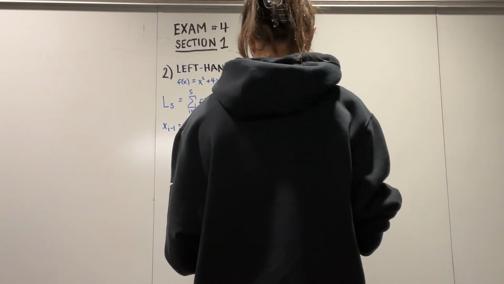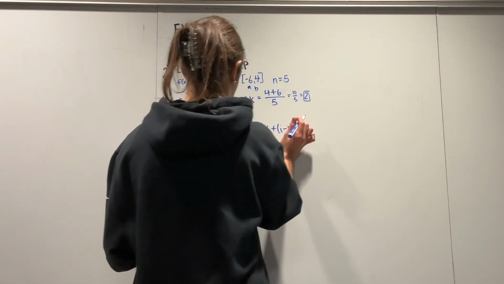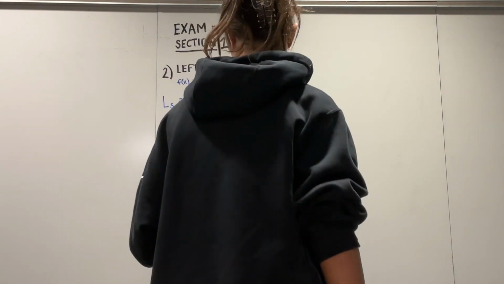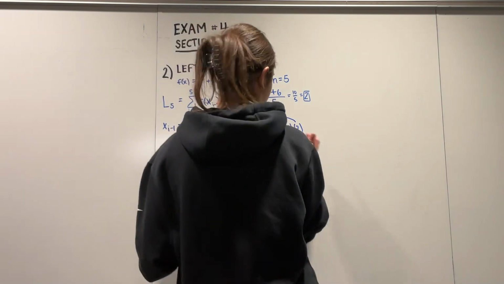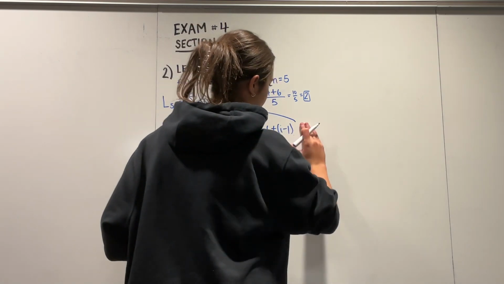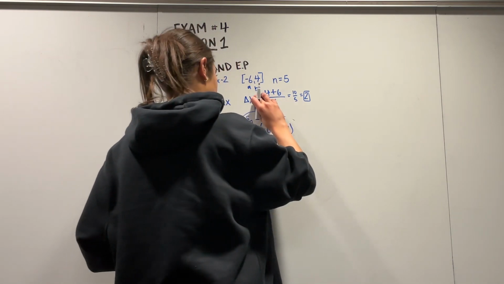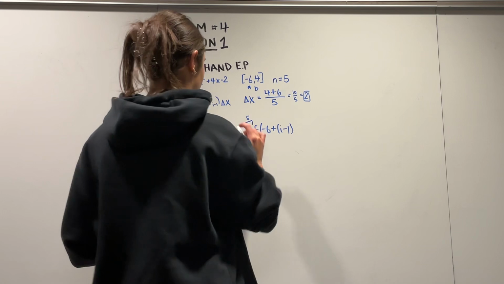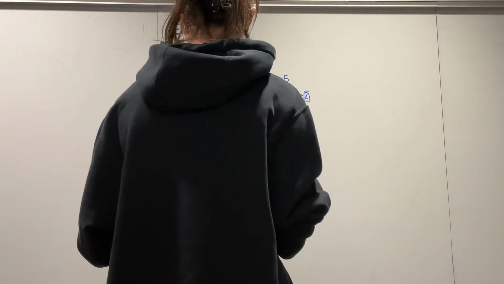And then what we're going to do is move this 2 all the way in front here, because it's a constant, so it'll be the same thing. We're going to move it to the front. And then it'll be 2. And then that will be our equation.